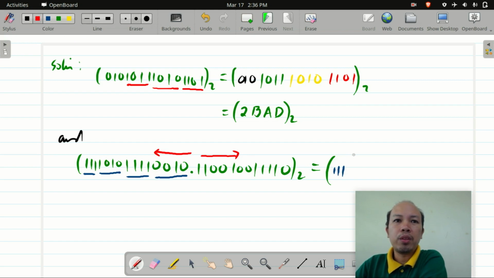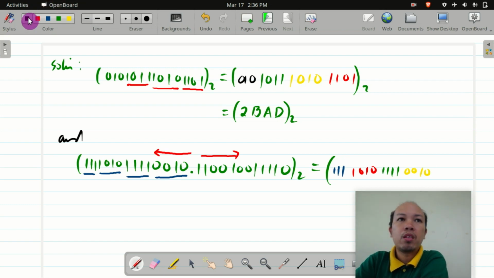Another color, we have 1, 0, 1, 0. And then let's try the color green. We have 1, 1, 1, 1. And then this yellow here, we have 0, 0, 1, 0.